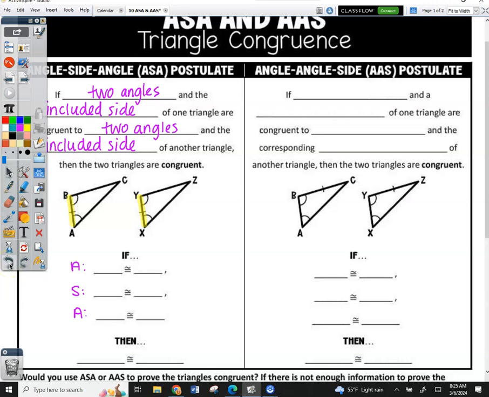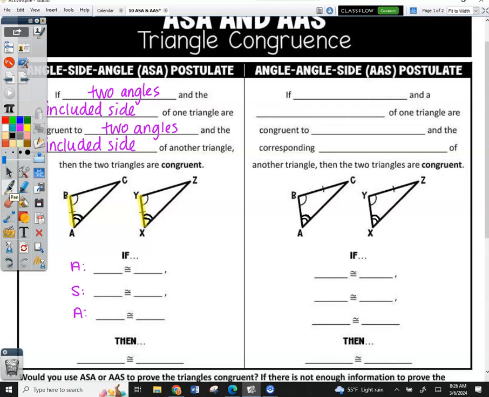If you'll take your pencil, we're just going to add an additional arc right here, and I'm going to do it in black so that it blends into the picture. We're going to add an additional arc here and here. We're going to come over here and do the same thing. And now our picture doesn't draw any confusion about those angles.